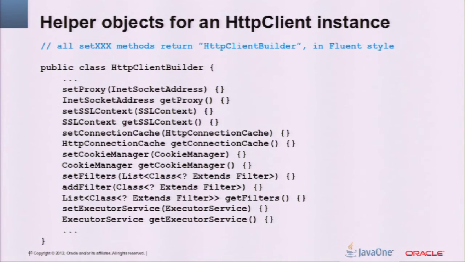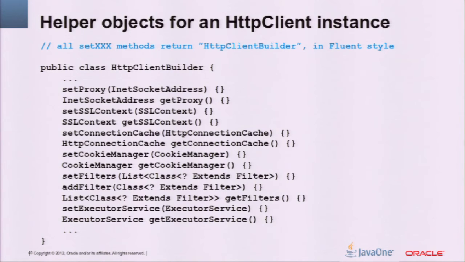Then a quick tour of the helper objects of each HTTP client instance. You can set proxies here. This is where you would set or reset if you wanted to override the SSL context. This is where you would override the HTTP connection cache if you had your own implementation of it.